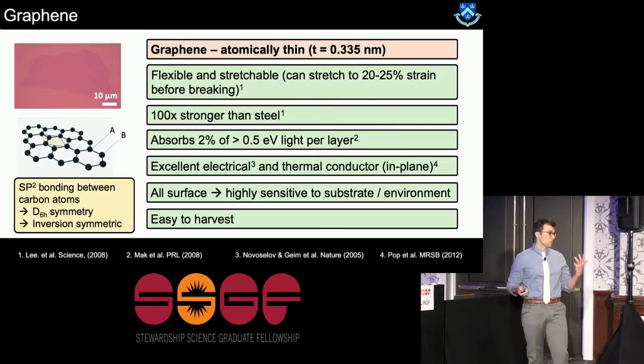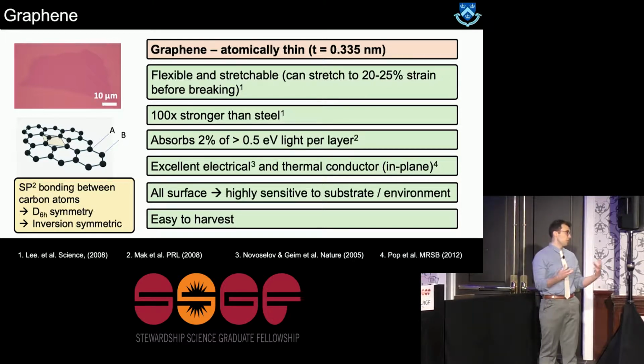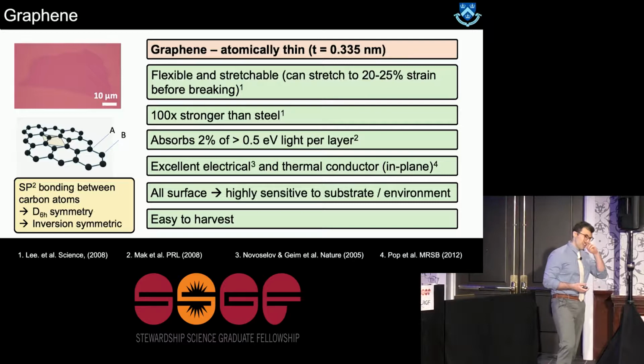Graphene is kind of a wonder material. It has all these amazing properties, including that it's very stretchable. You can stretch it up to 20% of its original length before it breaks. It's 100 times stronger than steel. Its breaking strength is around 130 gigapascal. It is relatively transparent, even though it resembles graphite in structure. Because it is so thin, most of the light transmits through.